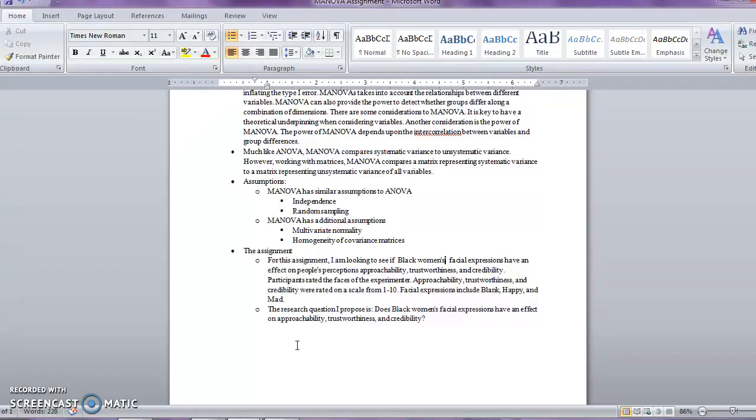With my predictor variables, I have one predictor variable, facial expression, and it has 3 levels: blank, happy, and mad. I have 3 outcome variables: approachability, trustworthiness, and credibility. The research question I propose is, does Black women's facial expression have an effect on approachability, trustworthiness, and credibility?